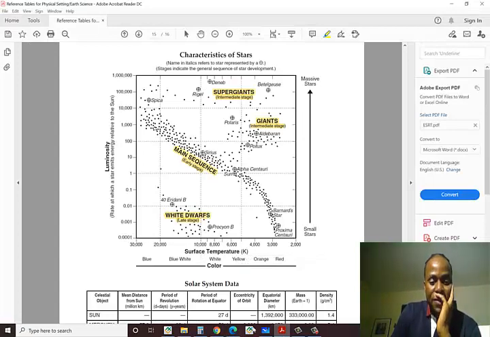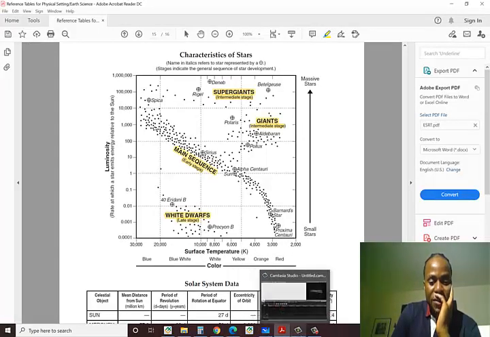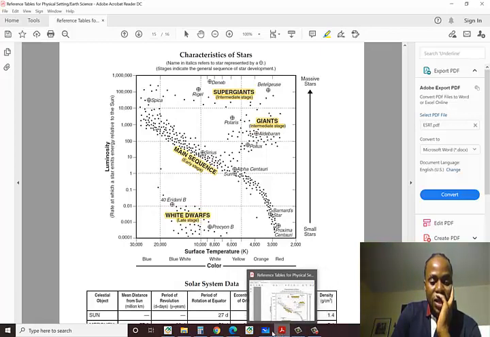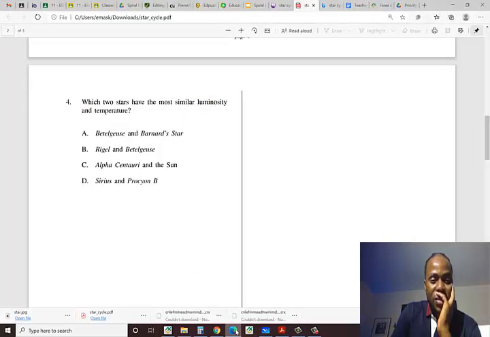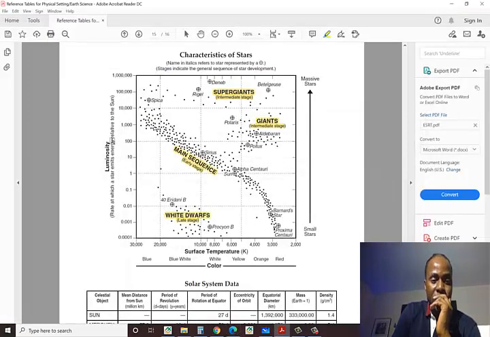What two stars have similar luminosity and temperature? So I'm looking at luminosity right here and temperature. What two stars share the same? I see Sirius here, and I can't see any other star that shares the same temperature or the same luminosity with it.